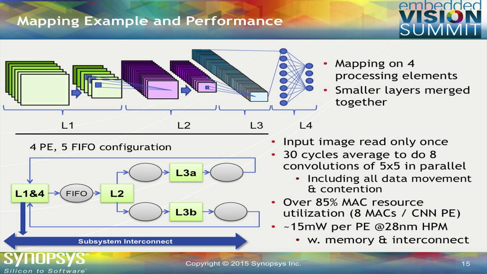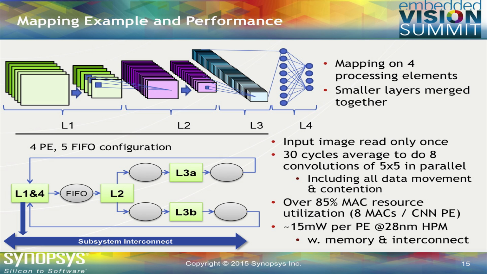So it's been split on 2 cores that I've called layer 3A and layer 3B. And layers 1 and 4, since they're small in this example, have been merged together on 1 core that alternates between the 2 of them to keep it busy.